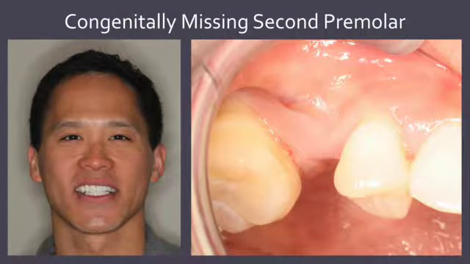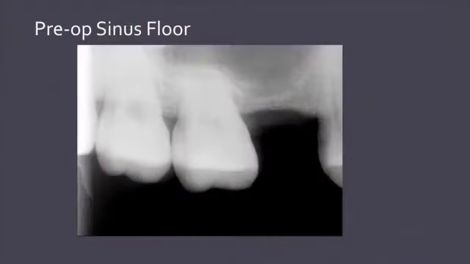Now, in order to introduce this concept, I will start with a relatively simple case. This is a gentleman who presents with a missing second premolar. This is congenitally missing, so that we see a typical radiographic appearance of a deficient alveolar ridge and the sinus descending into that volume.